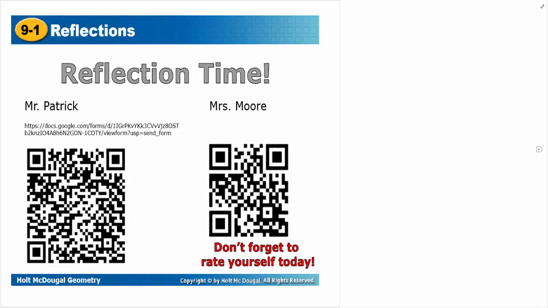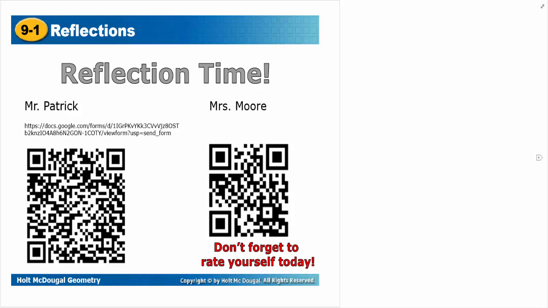Finally, the last piece you need to do, and make sure you scan the right code. We have QR codes for me and Mrs. Moore, and these codes are here for you to rate your understanding. Some students have had issues with the QR codes.